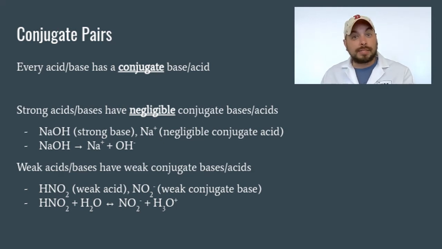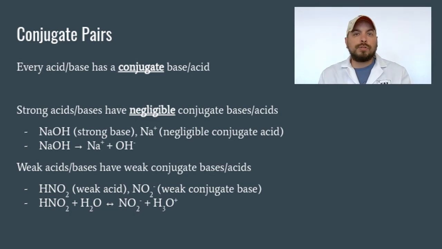But with weak acids and weak bases, they can go in both directions, but maybe not so equally. Because here's the thing. A stronger weak acid produces a weaker weak base as its conjugate. A stronger weak base produces a weaker weak acid as its conjugate.